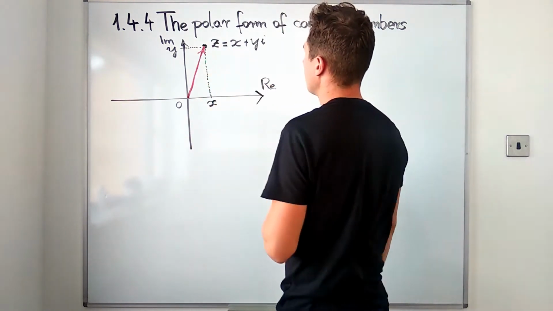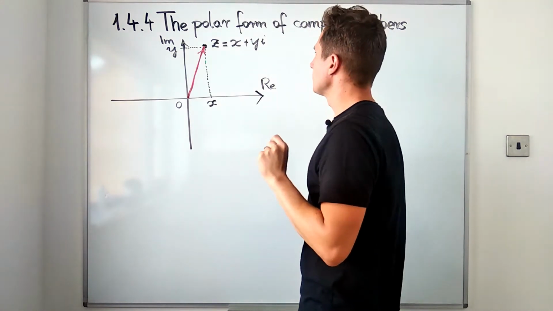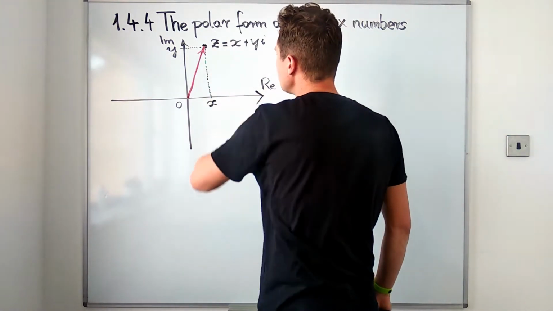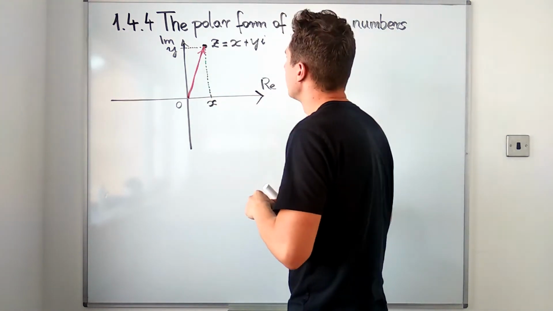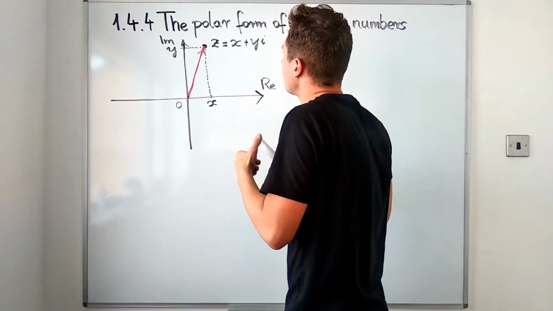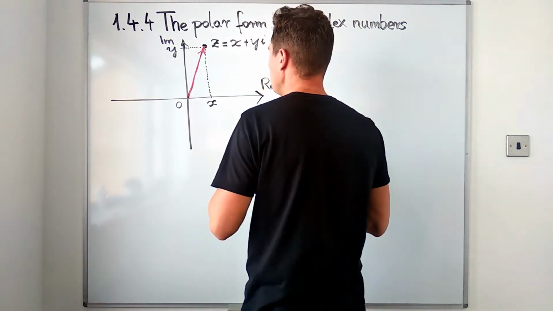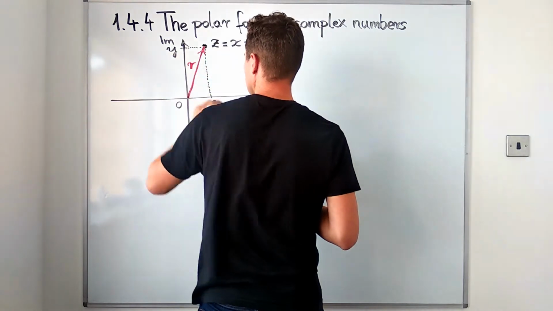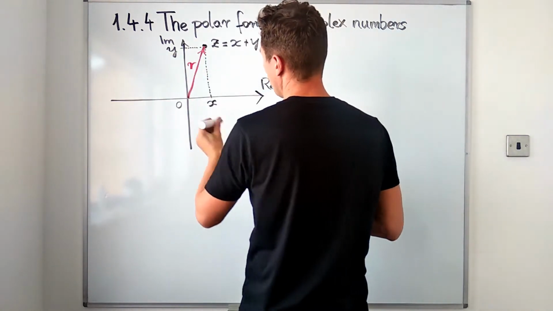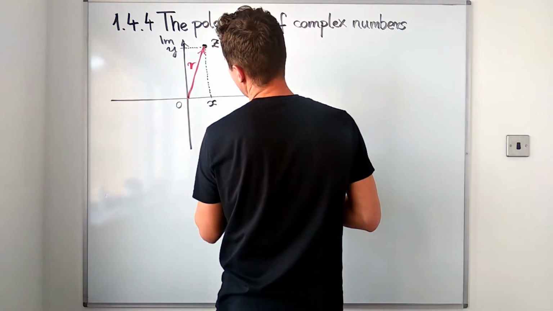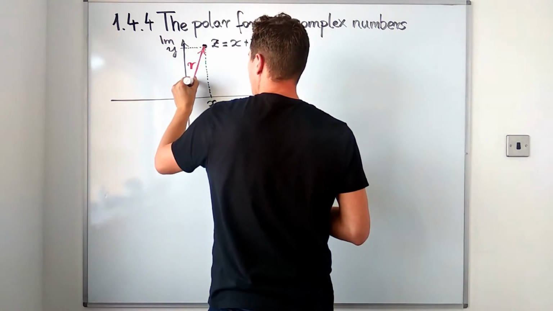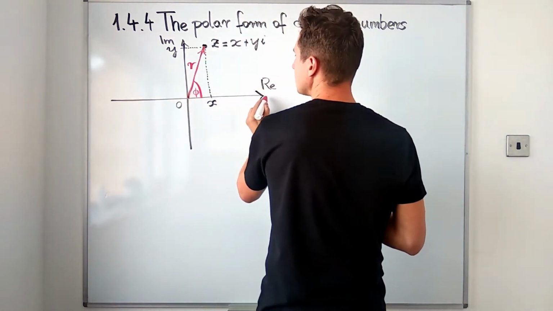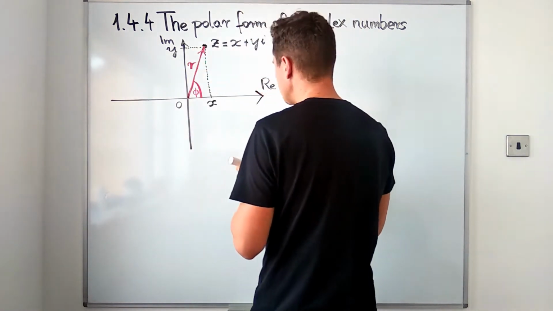So not just the real and imaginary parts of a complex number are the ones that can be used to specify it, but there are two other numbers, another pair of coordinates that can be used, and this pair consists of the distance of the point from the origin and the angle between the positive real axis and this vector pointing to z.